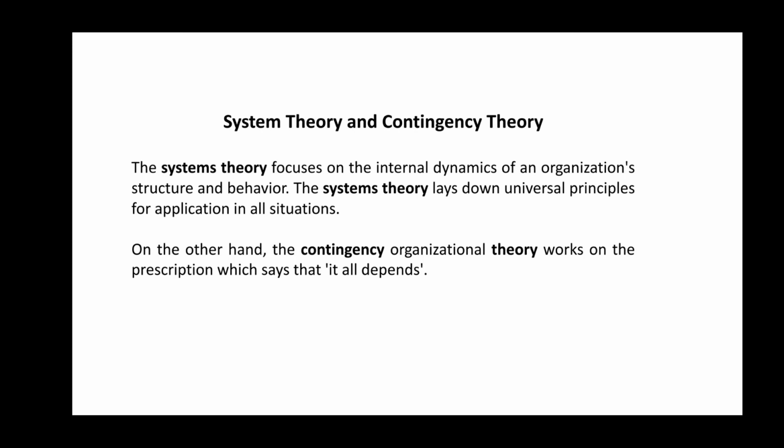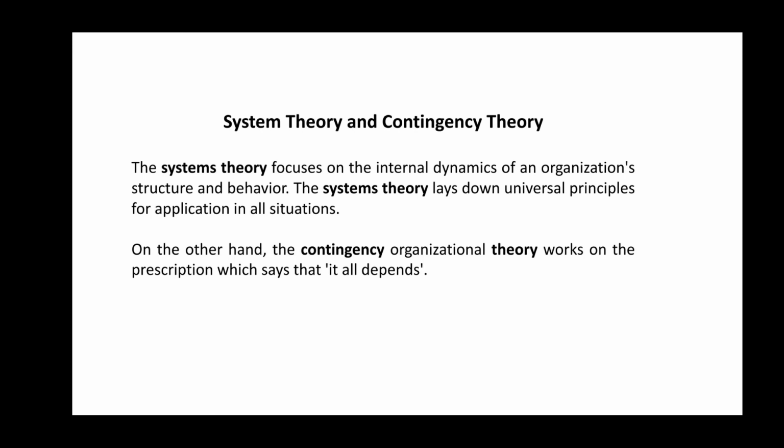Whereas if you go to the contingency theory, the view is a specific view. It is specific, it is not general. It is a specific view of how the organization gets adjusted to the environmental demands. So it is specific oriented, whereas the systems theory is general oriented.